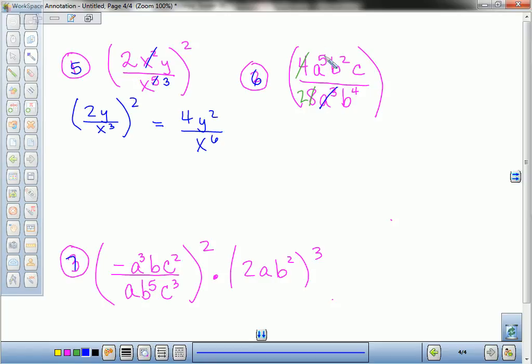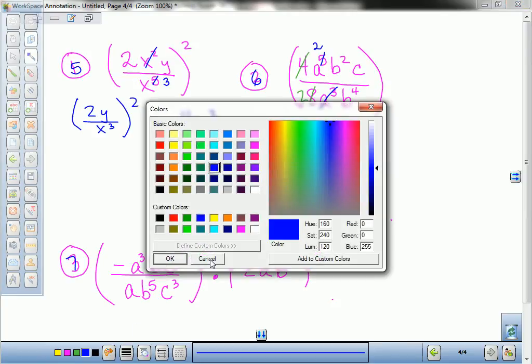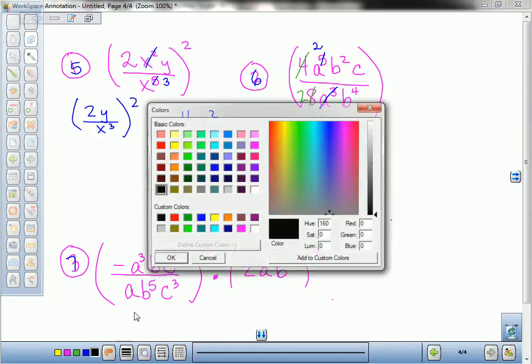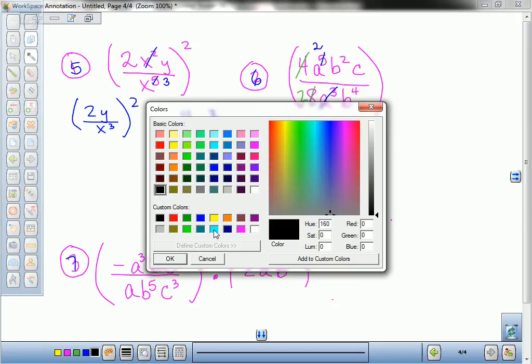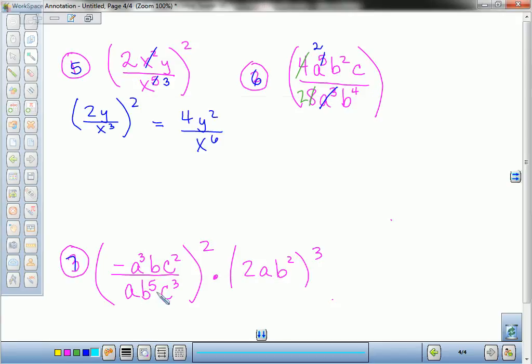These 3 cancel with 3 of those and leave 2. Now I'm going to do the B's. All right, so these 2 cancel with 2 of those and leave 2. It's pretty, but it's hard to see. Switch back.